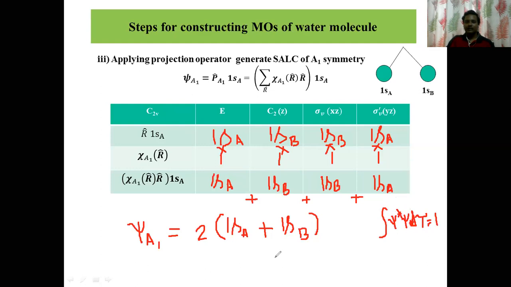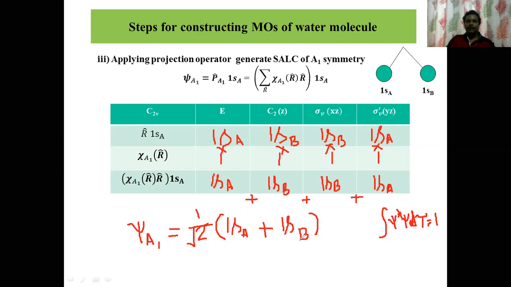It's very easy to do. Try it, and you will realize that this normalization constant is 1 by square root of 2. Therefore, my SALC of A1 type is 1 by square root of 2 times (1s A plus 1s B).